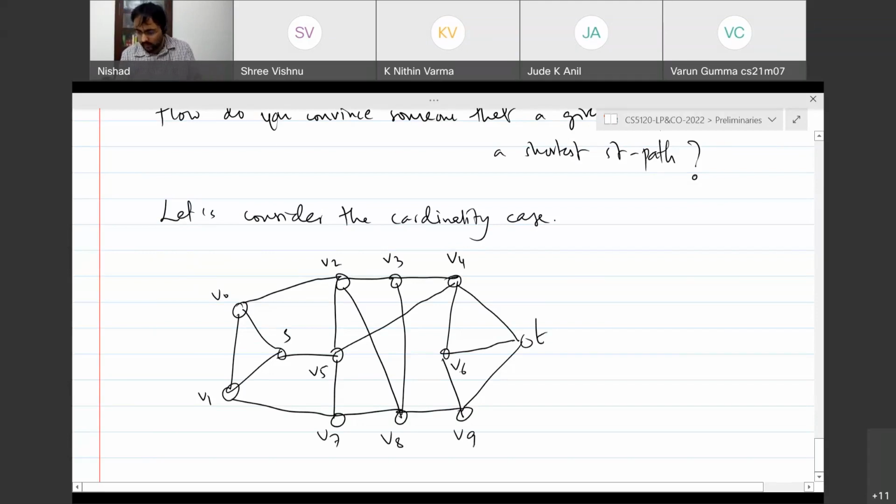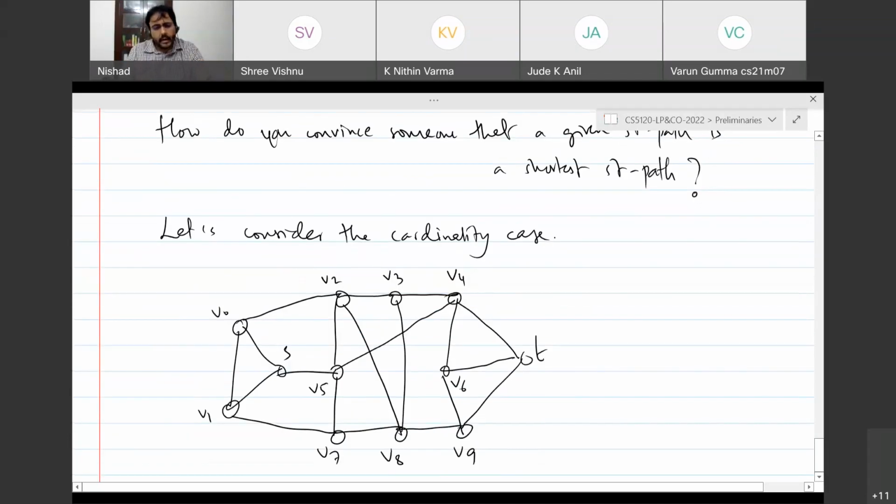And this is your vertex T. Okay. So can you give me a shortest ST path in this example? So a path which uses the minimum number of edges. S to V5 to V4 to T. Right. So in fact, probably in this example, it might be unique. I'm not sure. But one shortest ST path is the one you gave: S to V5 to V4 to T.